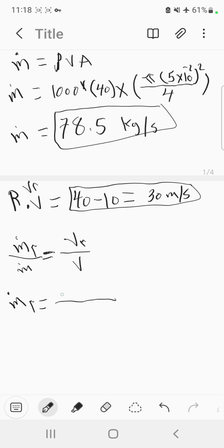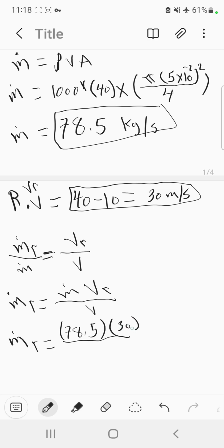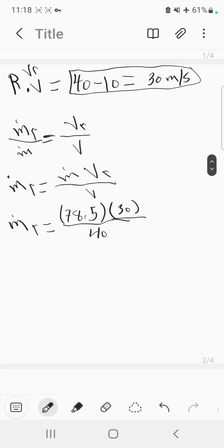So it's going to be mass flow rate times VR over V. We know the mass flow rate, which is 78.5, times the velocity VR, which is 30 over 40.